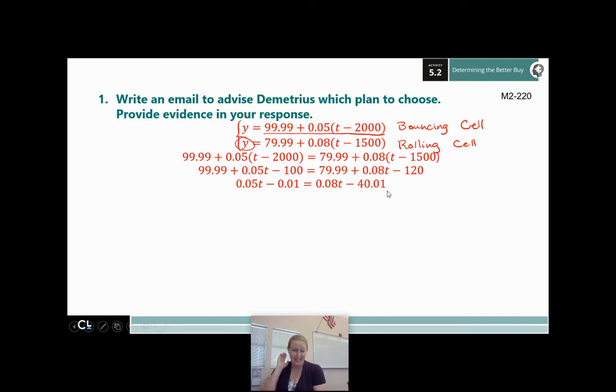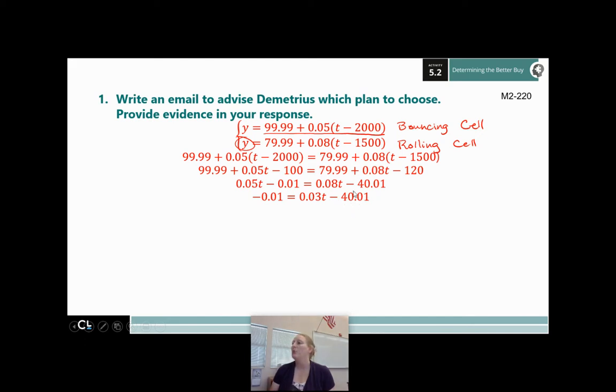All right. It's still a bit messy. I'm glad I have a calculator handy, but now we can actually work this out. So I'm going to move my t's to the same side. I'm going to subtract my 0.05t from my 0.08t, which gives me 0.03t. Still have a negative 0.01, still have the negative 40.01.